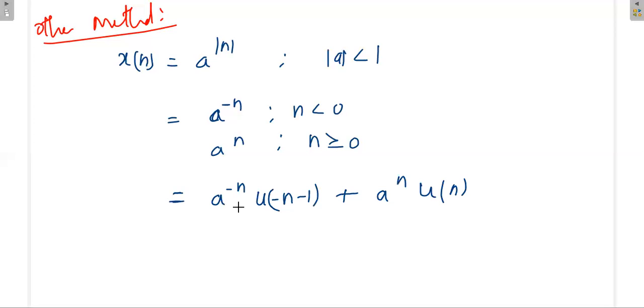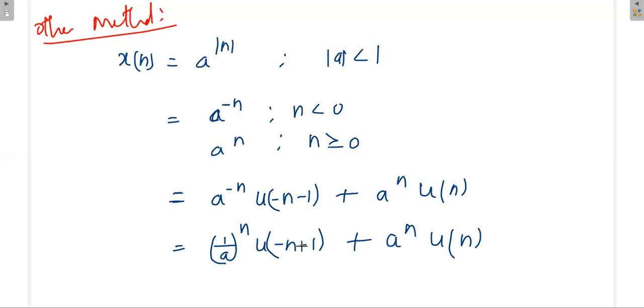Here the problem is we have A power minus n. Generally we used to have a term like A power plus n, but here it is A power minus n. So that minus I will absorb inside, and I will get 1 by A whole power n u of minus n minus 1 plus A power n u of n.